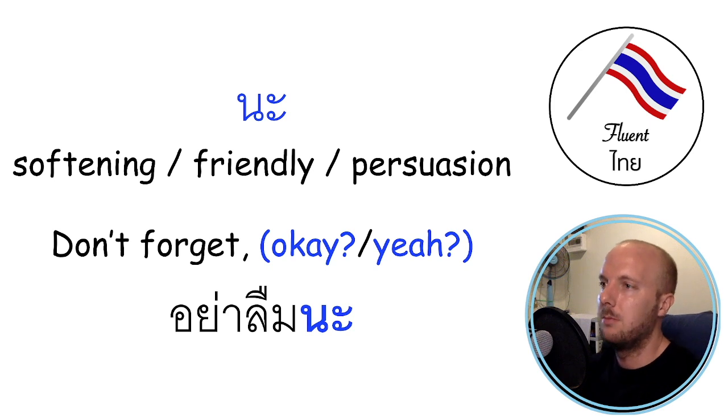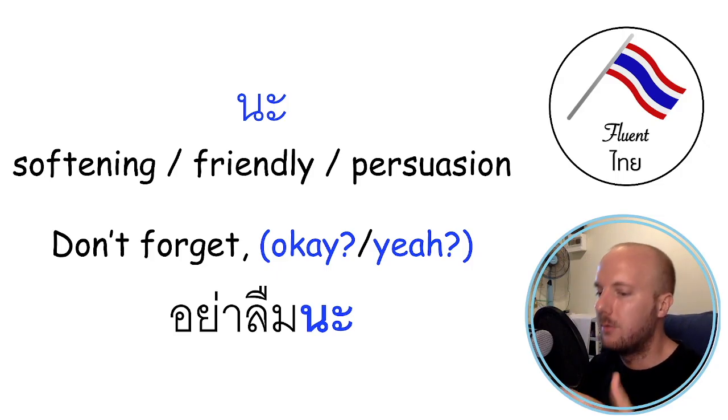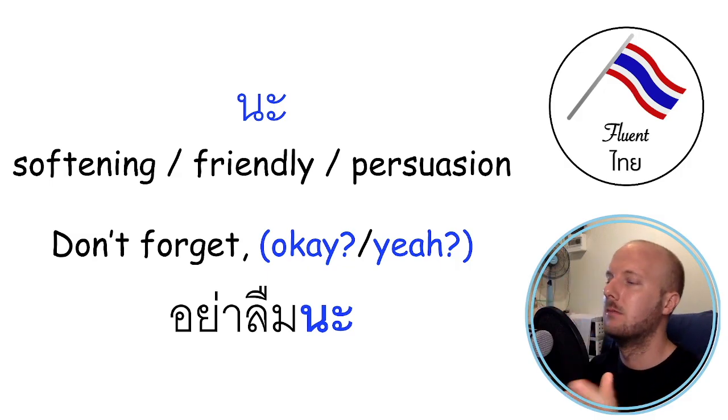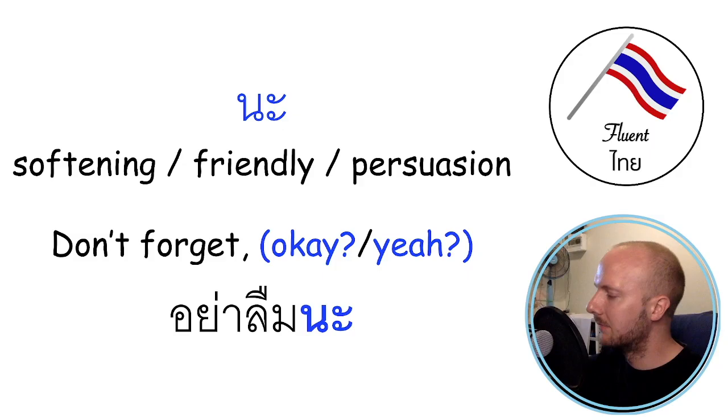So, for example, if I said, don't forget in English. If I just said, don't forget, that would be quite a command, quite strong. Don't forget. So how do we make it a bit softer? How do we make it a bit more friendly and not so strictly ordering you? Don't forget.